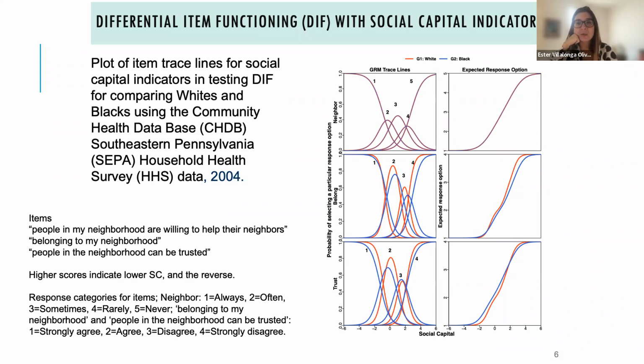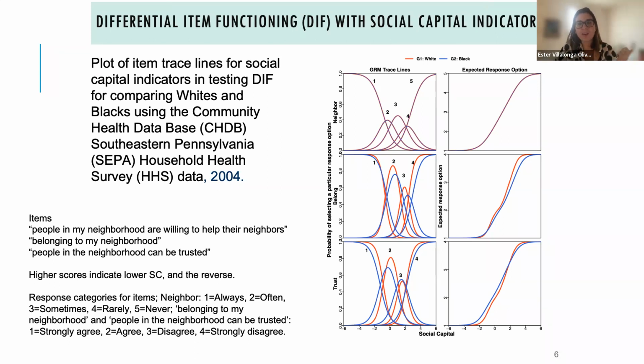Here, DIF was assessed using a two-group comparison, whites and Blacks, and a four-group comparison, which I'm going to show you in the next slide. In the four-group comparison, I include education. So I have four groups: low education white, low education Black, high education white, and high education Black. I performed two models.